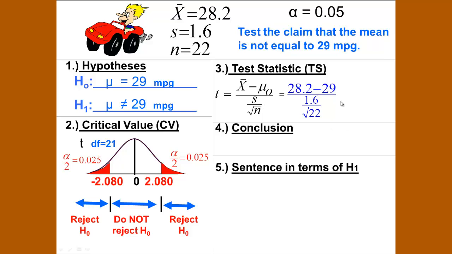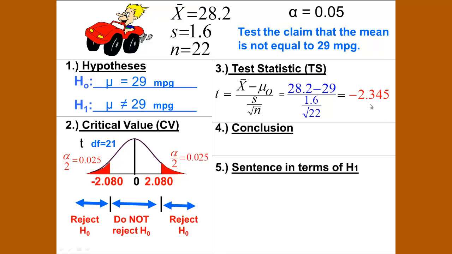Remember that when you place this in the calculator, to place parentheses around both the top and the bottom of your fractions. That will give you a negative 2.345. Remember that we're taking this out 3 decimal places because our critical values are 3 decimal places.